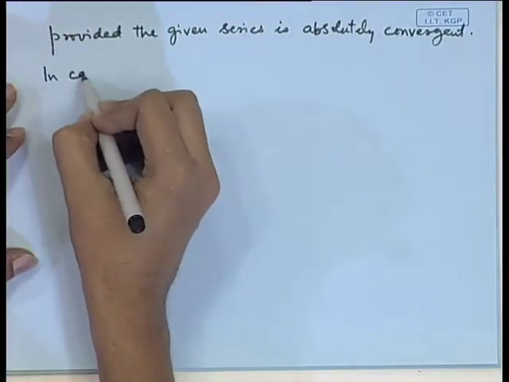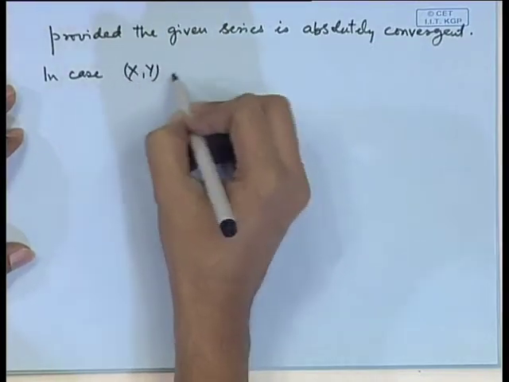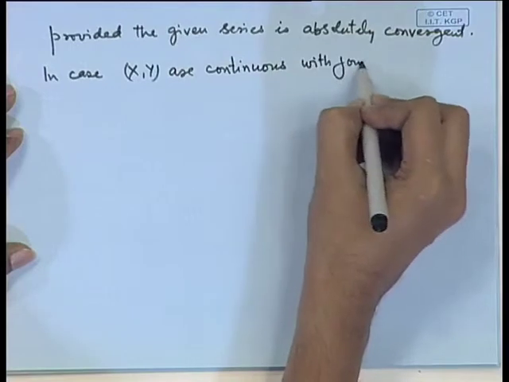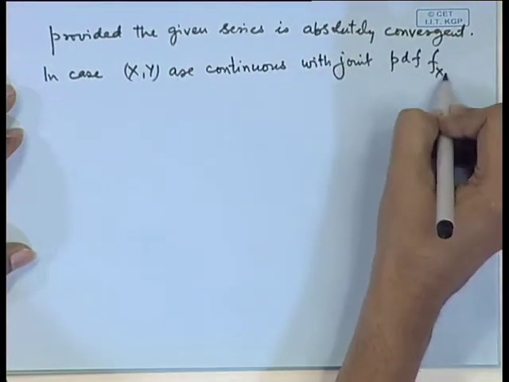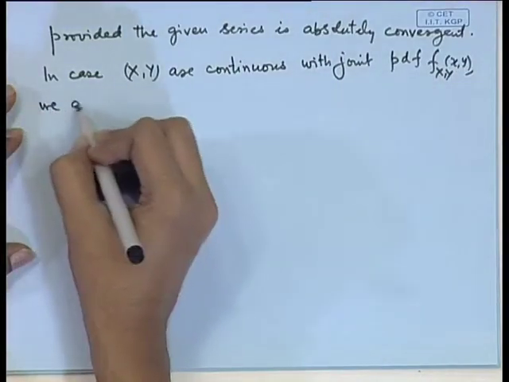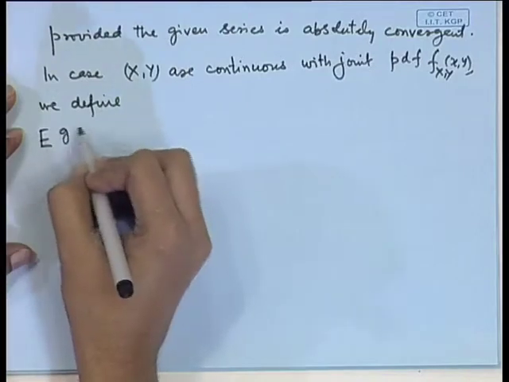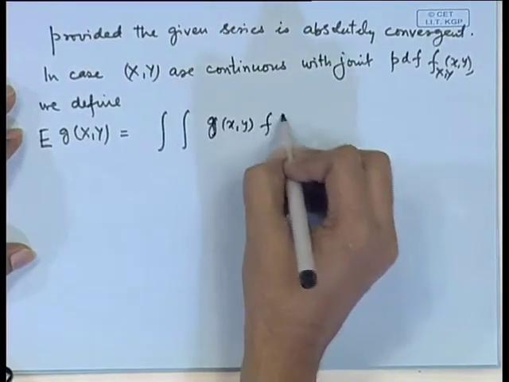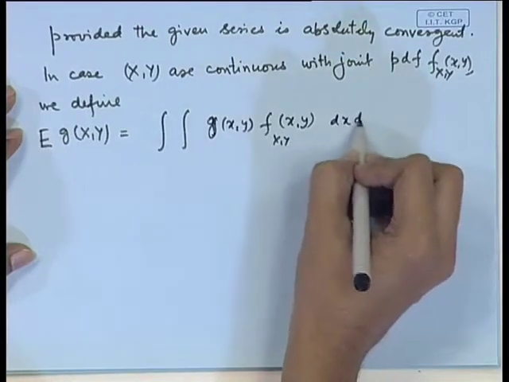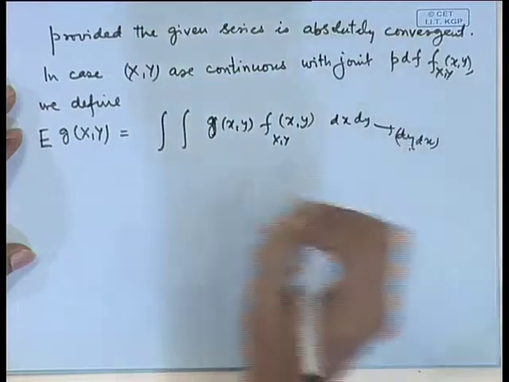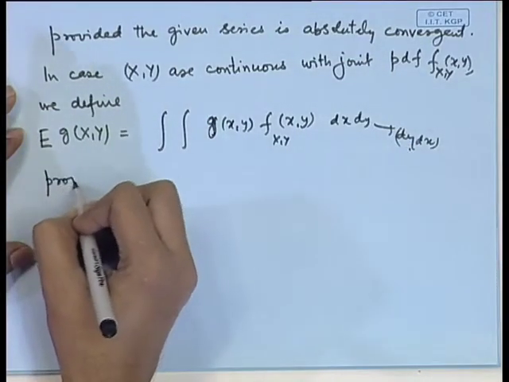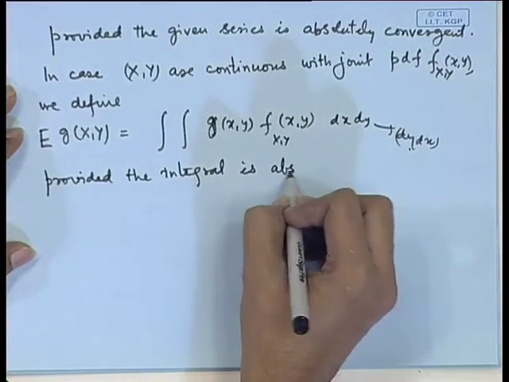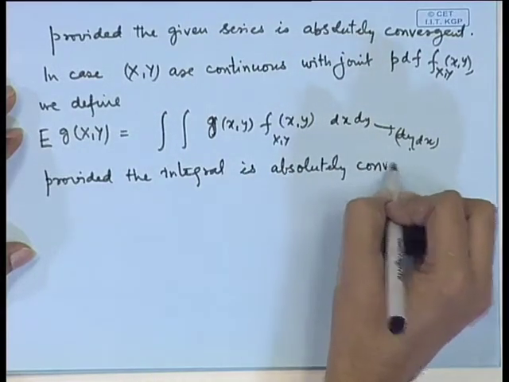In case X and Y are continuous with joint PDF, say f(x,y), then we define expectation of g(X,Y) as the double integral of g(x,y) f(x,y) dx dy, or this could be dy dx also, provided the integral is absolutely convergent.